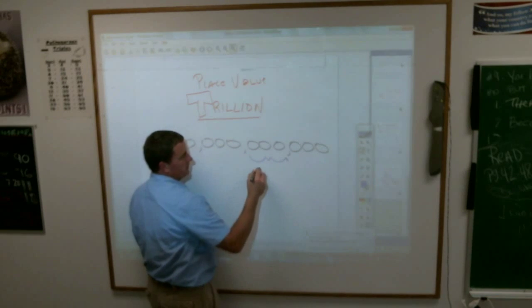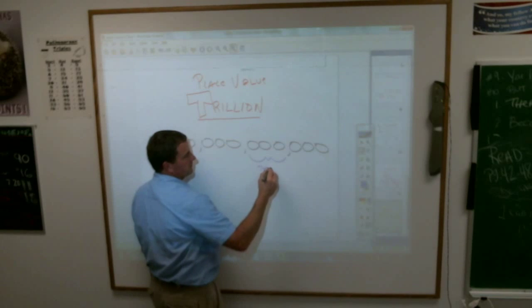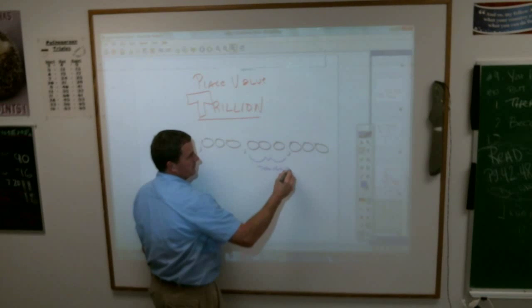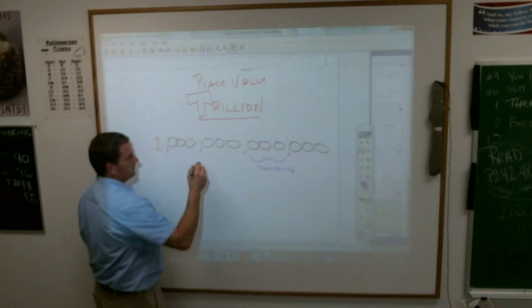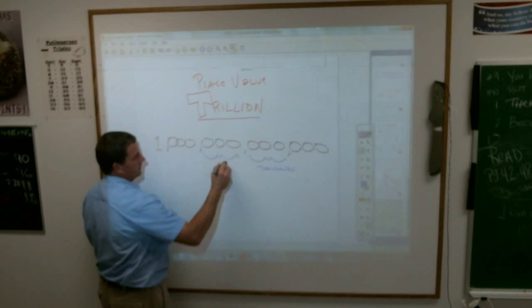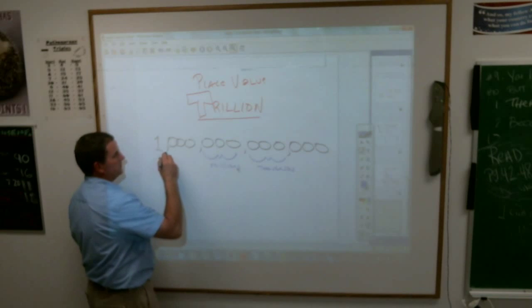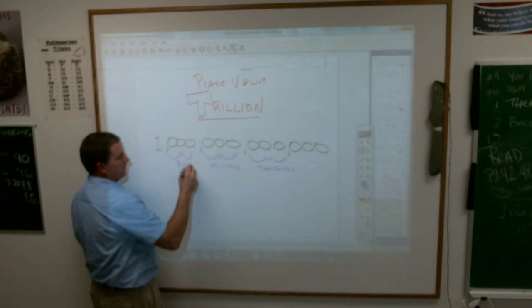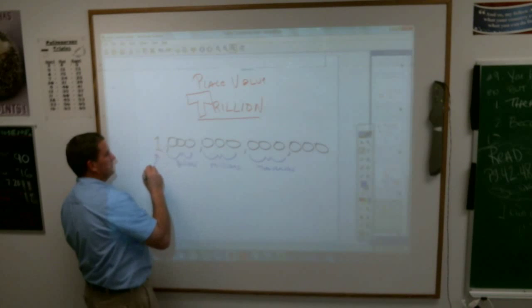Let's label these. This is the thousands period. Did you ever realize this is all the same? This is the millions. This is the billions. And this is the trillions.